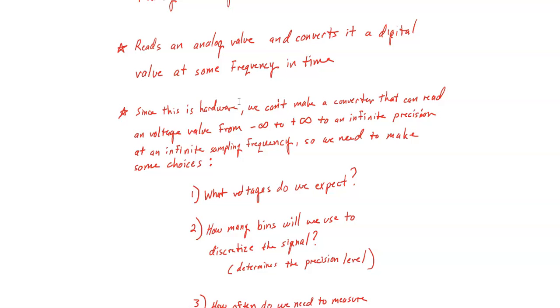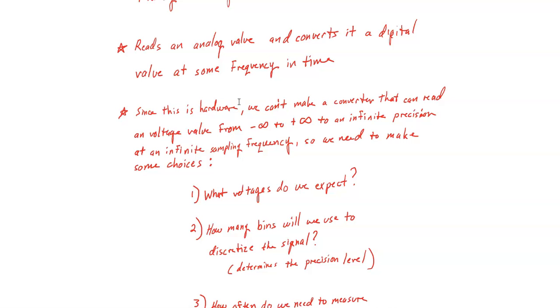Since these analog to digital converters are hardware, we can't make an analog to digital converter that can read a voltage from negative infinity to an infinite number of decimal places at an infinite frequency. So that causes us to have to make some design choices.